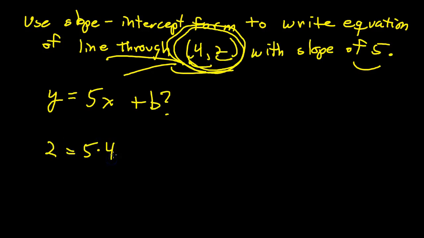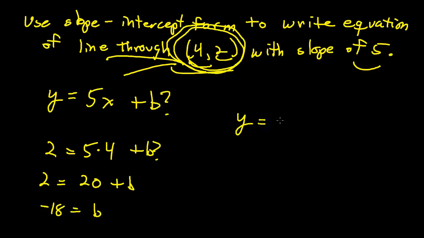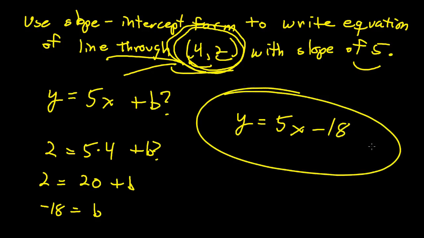So plug in 4 and 2 for x and y respectively. So 2 equals 5 times 4, which is 20, and if I subtract 20 from both sides, b equals negative 18. So my final answer is y equals 5x minus 18. This line must go through (4, 2), and indeed does have a slope of 5.